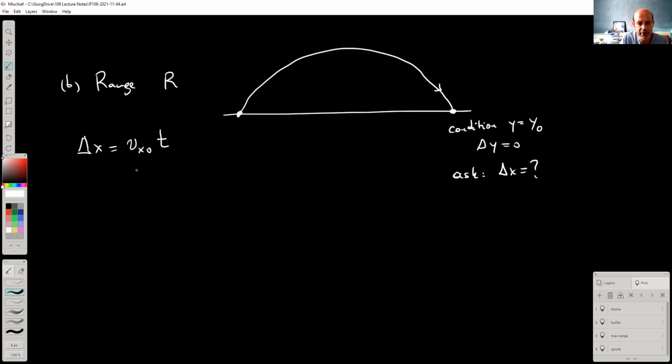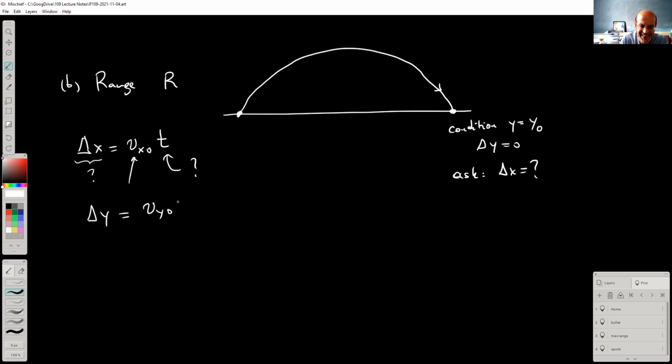I know this, so I need to find the time. I need to find the displacement, but to be able to find it, I need the time. So I'm going to use this condition to solve for time. For that reason, I need the delta y equation.